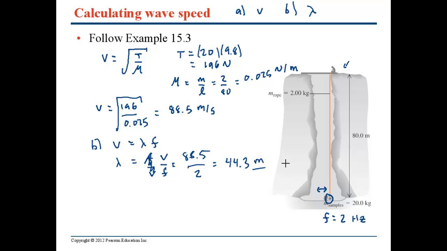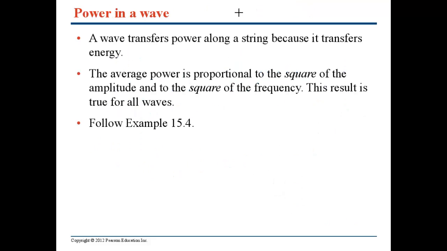Now, in a more advanced physics class, you'd say, wait a minute now, the rope actually has mass, and so the tensional force is actually going to be changing as we work our way up and down this rope. So, in reality, it's a little bit more complicated than what example 15.3 leads us to believe.